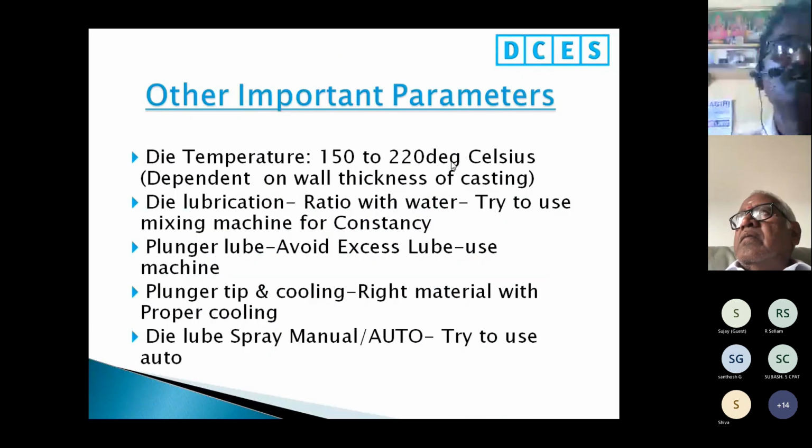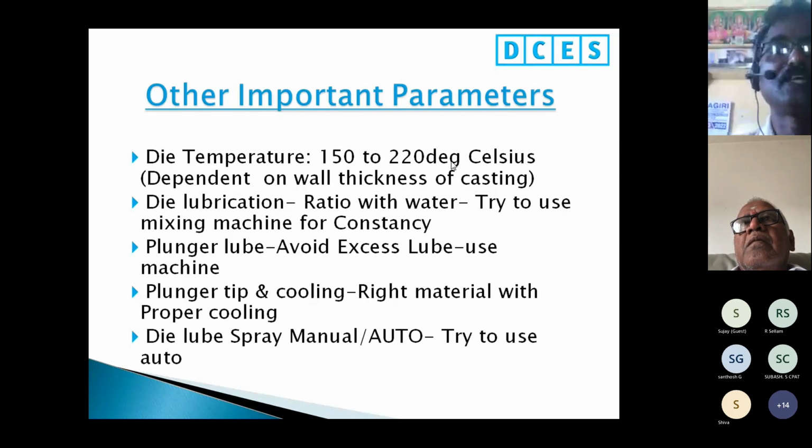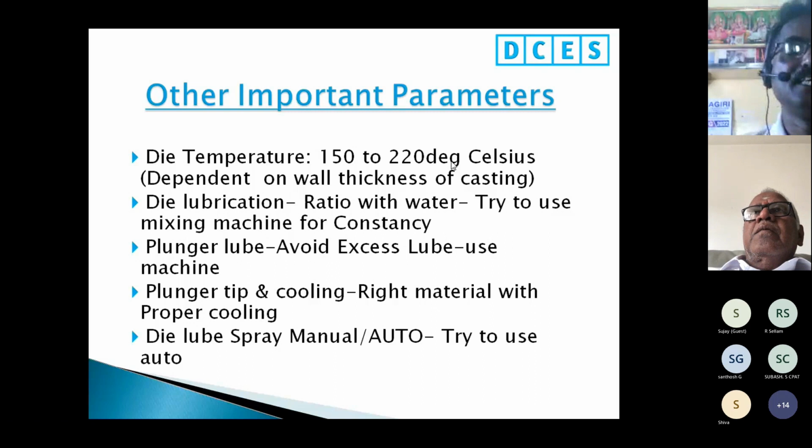The die temperature: minimum 150, maximum 230 is sufficient, around 220 degrees Celsius depending on the wall thickness of the casting. The die lubrication ratio with water: try to use a mixing machine for consistency.